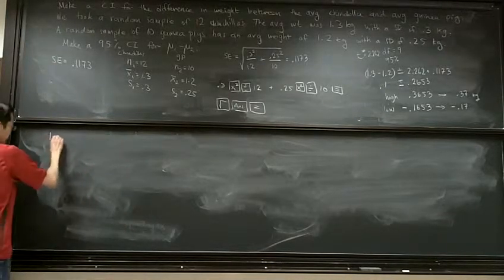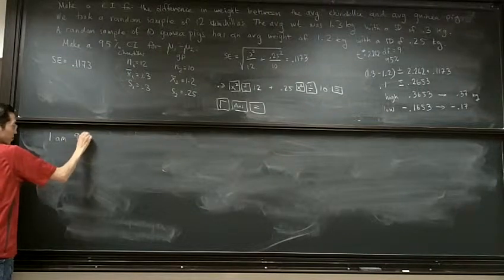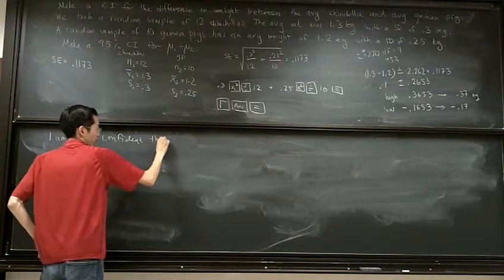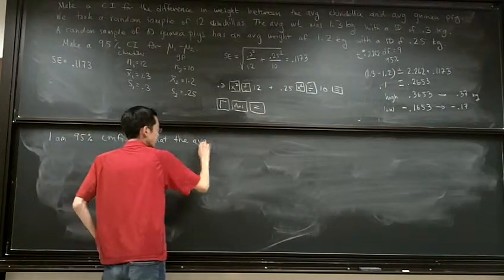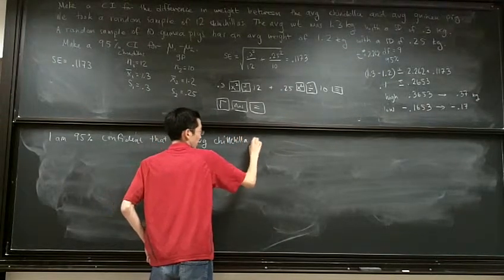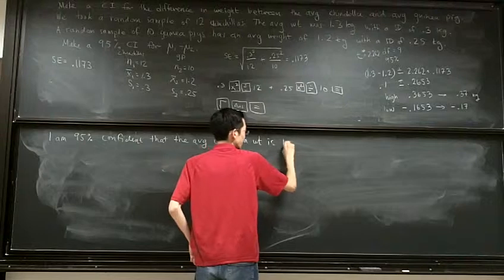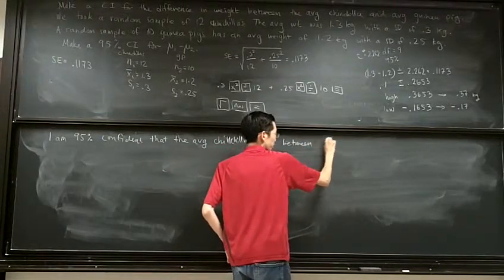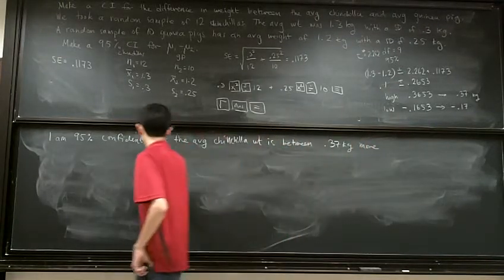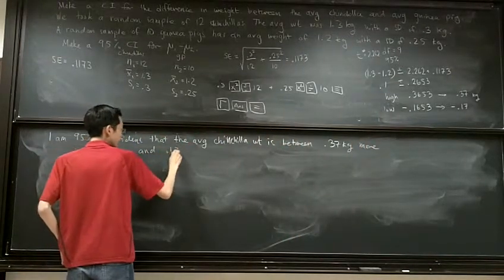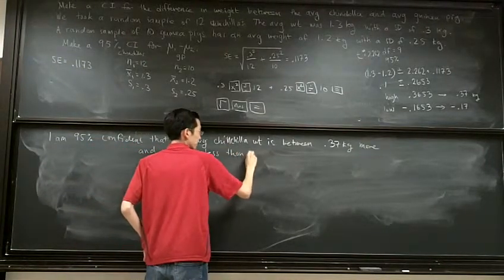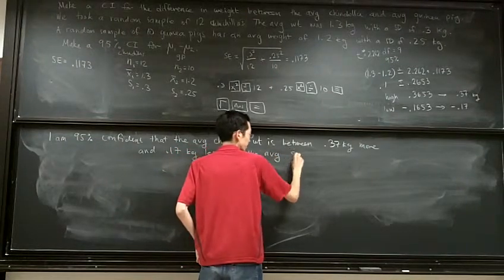Okay, so I would write: I am 95% confident that the average chinchilla weight is between 0.37 kilograms more and 0.17 kilograms less than the average guinea pig weight.